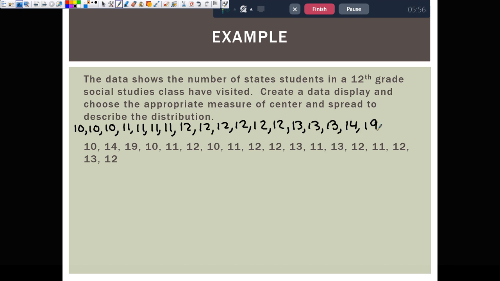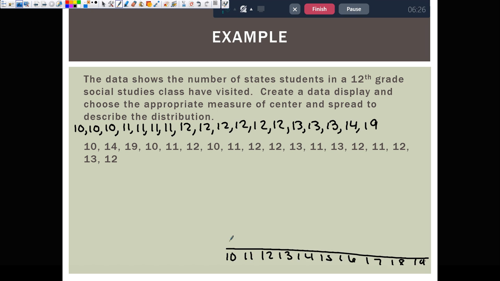Alright, so we have multiples of each number, and they're not intervals. So we can either create a bar graph or a dot plot. Those would be probably the best to see the shape of the data. Okay, which one do you guys want to do? Probably dot plot, because they're the easier ones. Okay, so we're going from 10 to 19. 10, 11, 12, 13, 14, 15, 16, 17, 18, 19.